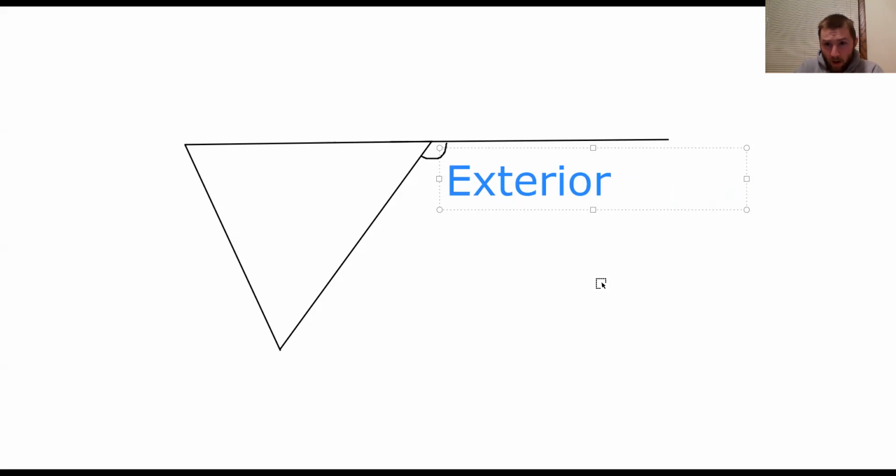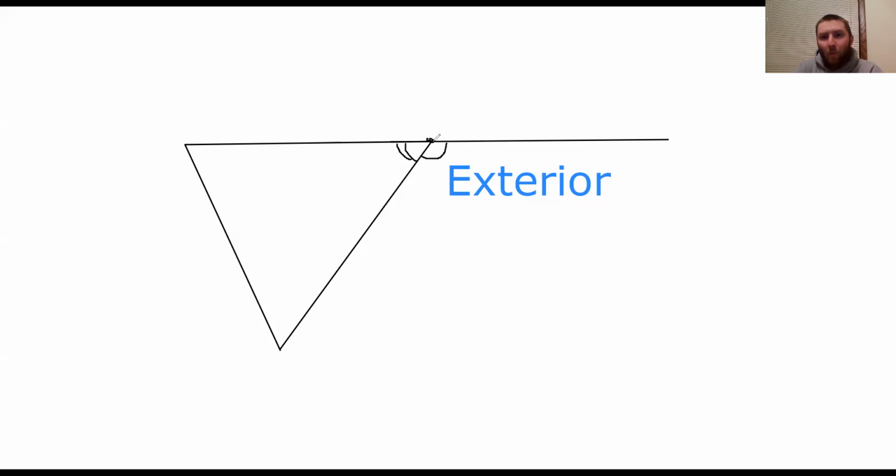Now the exterior angle obviously makes a straight line with one of the interior angles, right? This exterior angle along with this interior angle together make that straight line at the top. So they have to add up to 180 degrees. So the outside angle, the exterior one, and the inside angle at the same corner, or same vertex, have to equal 180 degrees.